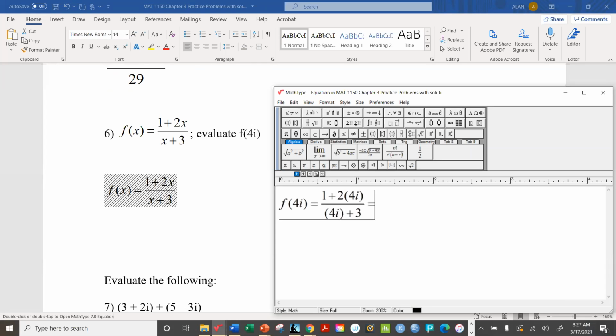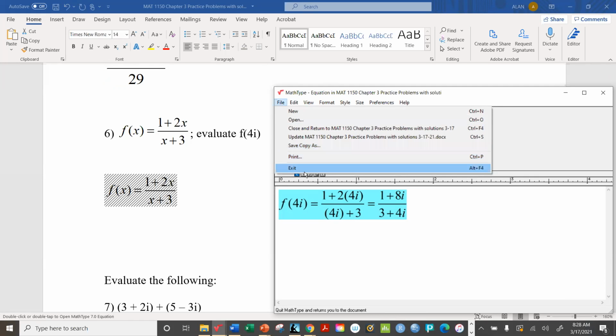And so we end up with 1 plus 8i divided by, now here, I'm just going to rewrite it slightly. It's 3 plus 4i. I just want to make sure that it's written in the proper form, in other words, have the real number first and the imaginary number second.